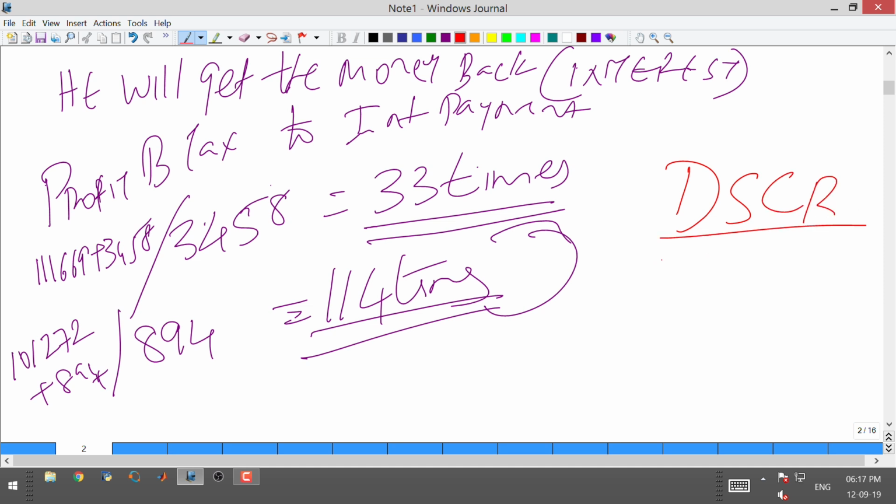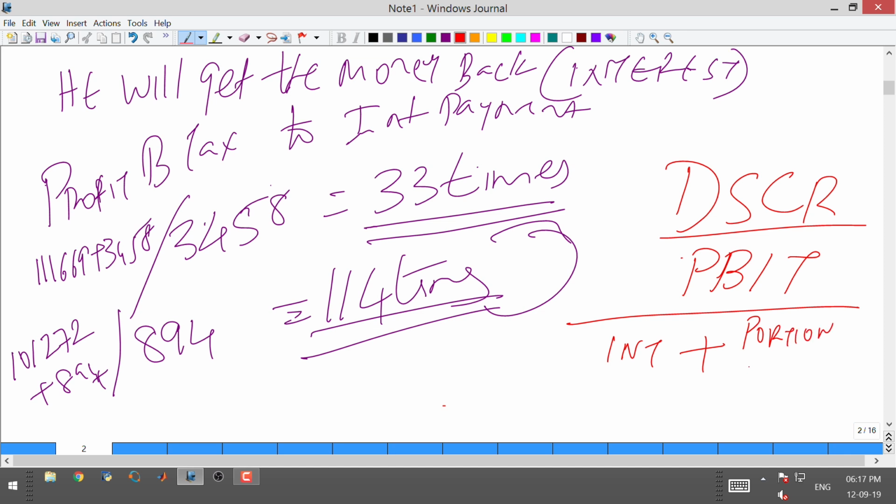Instead of the profit before interest and tax divided by only the interest, here I will take the interest plus the portion of the principal that is due.